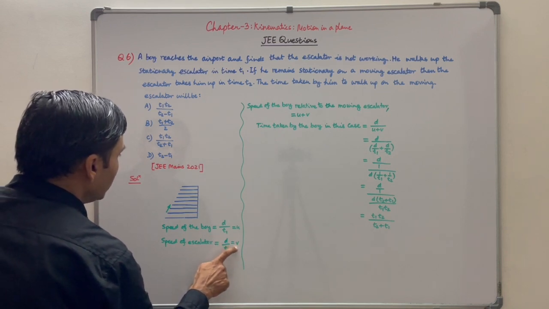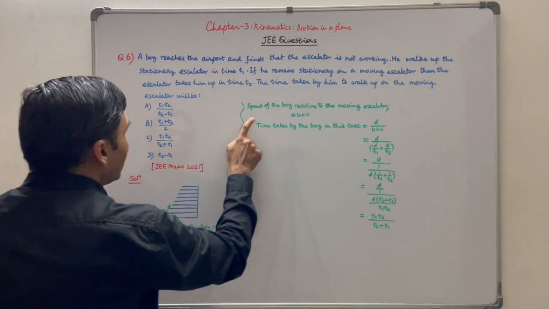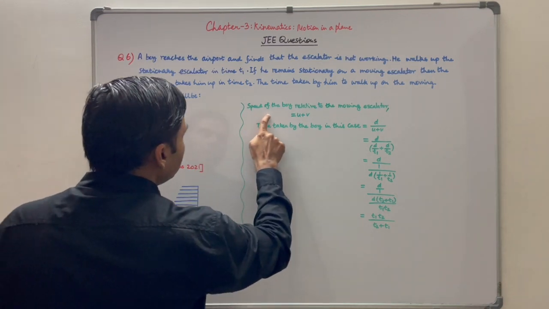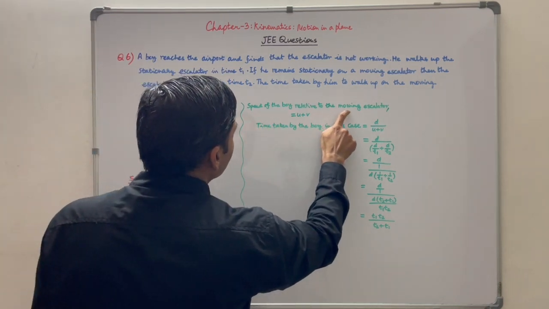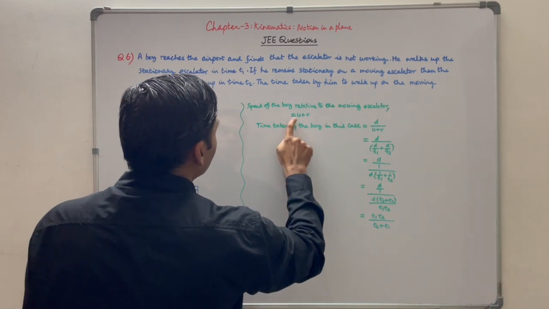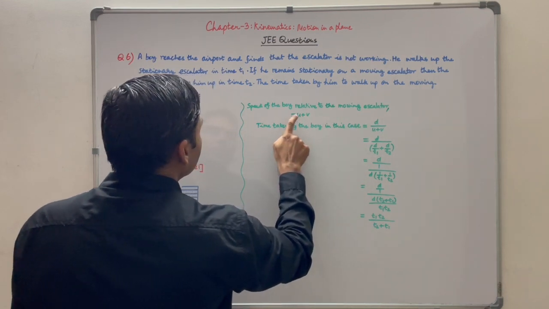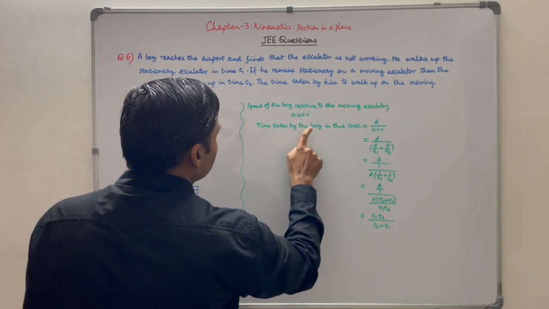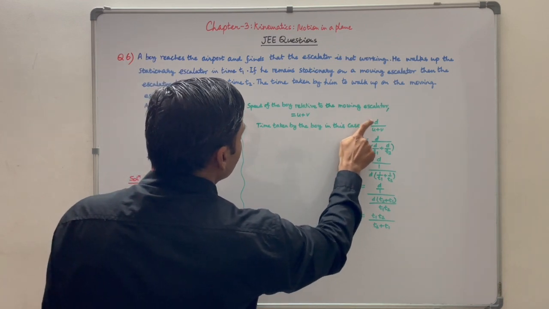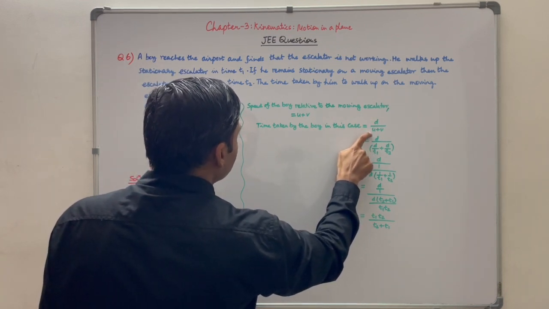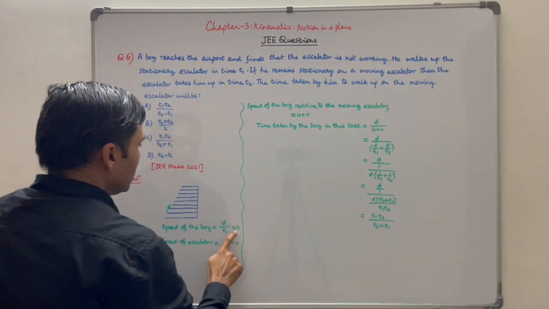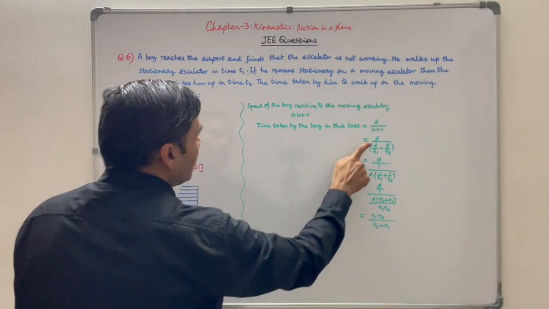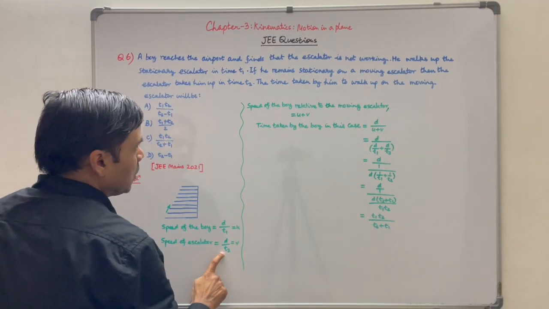Let's say it is V. When both are moving upwards, then speed of the boy relative to the moving escalator will be equal to U plus V. In this case, time taken by the boy will be equal to D upon U plus V. Now value of U is equal to D upon T1 and value of V is equal to D upon T2.